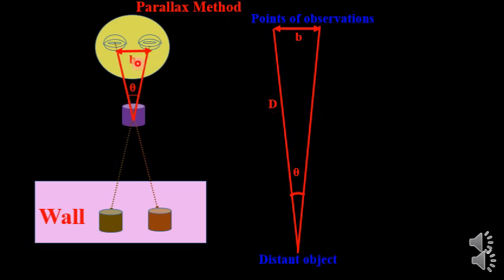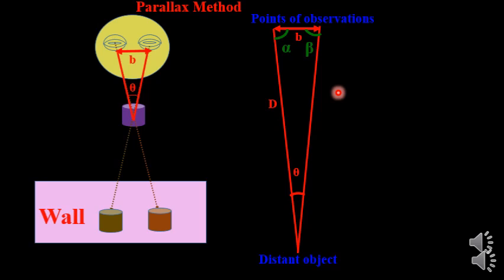Consider this triangle, such that this is basis B, this is angle theta, and this is the distance from the point of observation to the point where the distant object exists. This angle is alpha. This angle is beta.